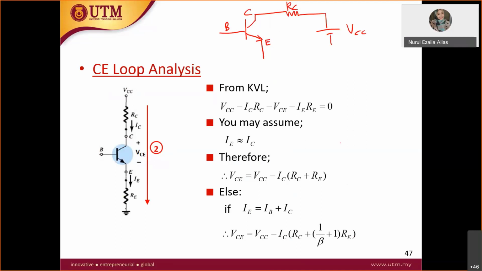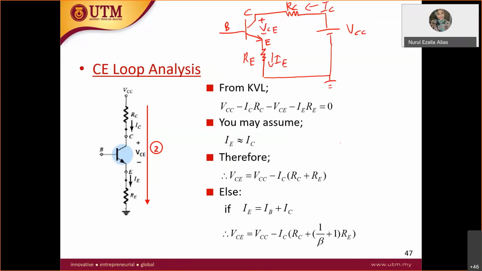It's the same output loop as the previous emitter stabilized. So you have RE here, and then ground. Here you have IC, here you have IE, and plus minus VCE.